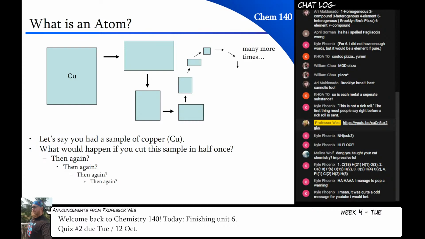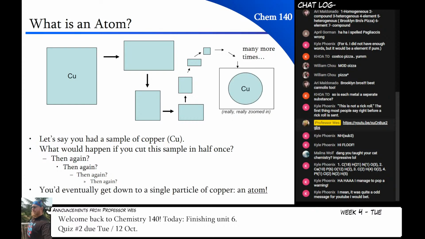Now, at some point, you would get down to the tiniest possible piece that you could still call copper. If you cut this in half, the result would not be copper anymore. So there is a physical limit to the action of cutting and subdividing this sheet.